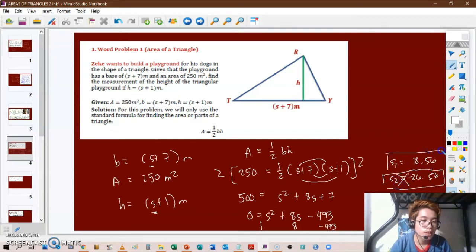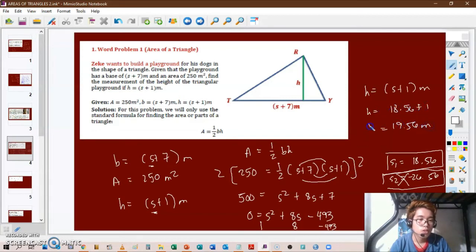We will use the first root, 18.56. The height is equal to s plus 1 meters, so 18.56 plus 1 gives you 19.56 meters. Therefore the height of this triangle is 19.56 meters.